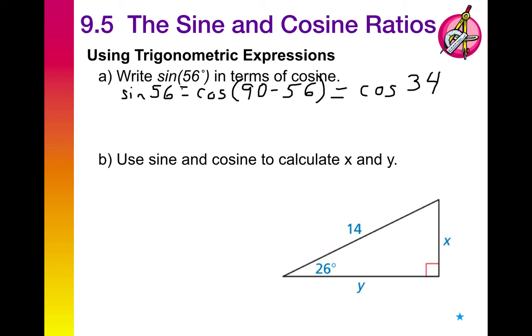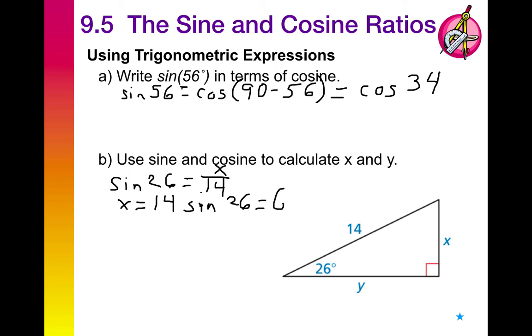So I'm going to use the sine of 26 is equal to the opposite, which is x, over the hypotenuse, which is 14. If you multiply each side by 14, you get x equals 14 times the sine of 26. And if you multiply that out, you get approximately 6.1 on your calculator.